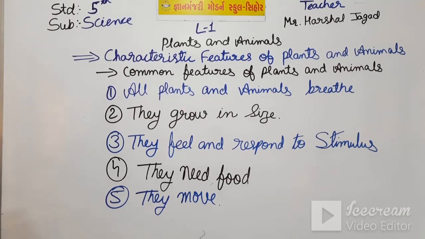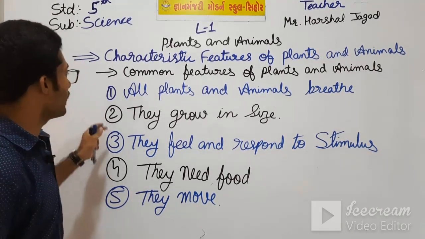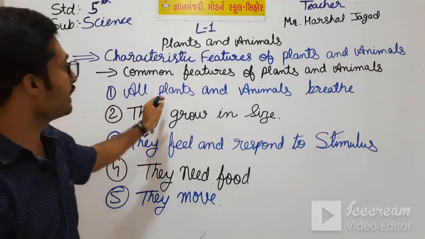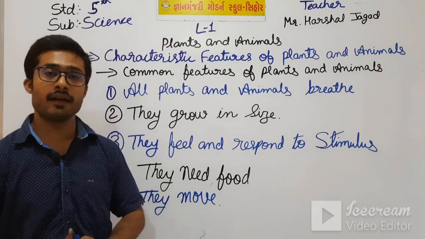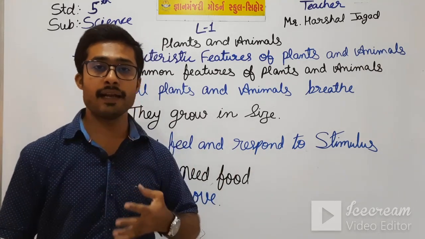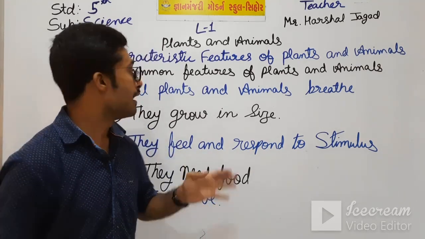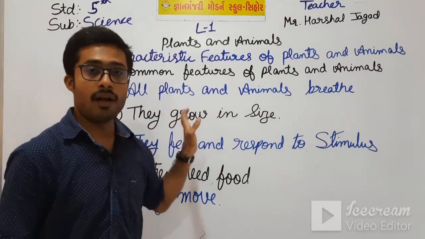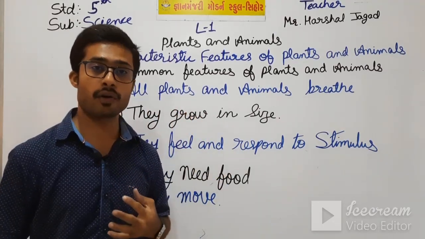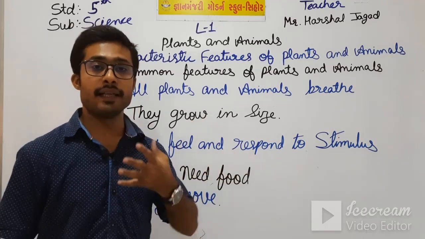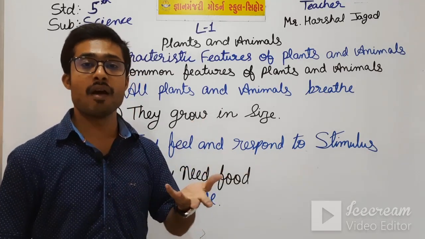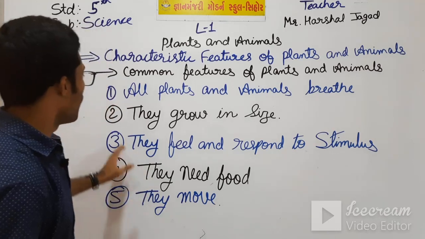So first of all, we will see these 5 points. The first point, all the plants and animals breathe, means they inhale and exhale. The plants inhale CO2 and exhale oxygen, and animals inhale oxygen and exhale carbon dioxide.